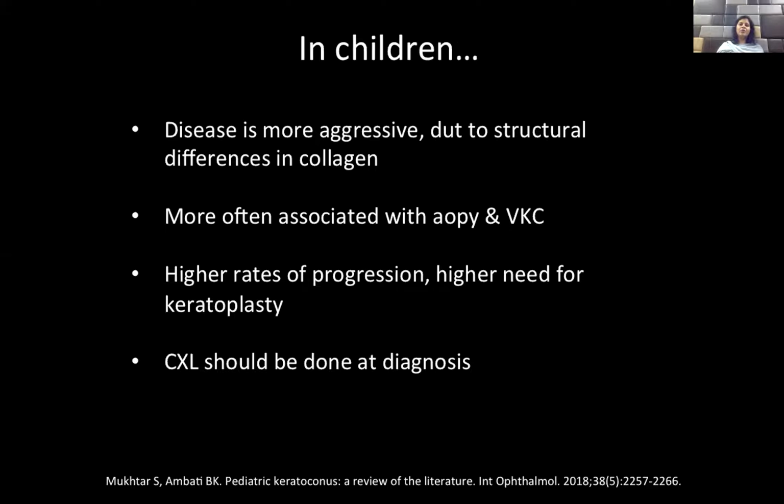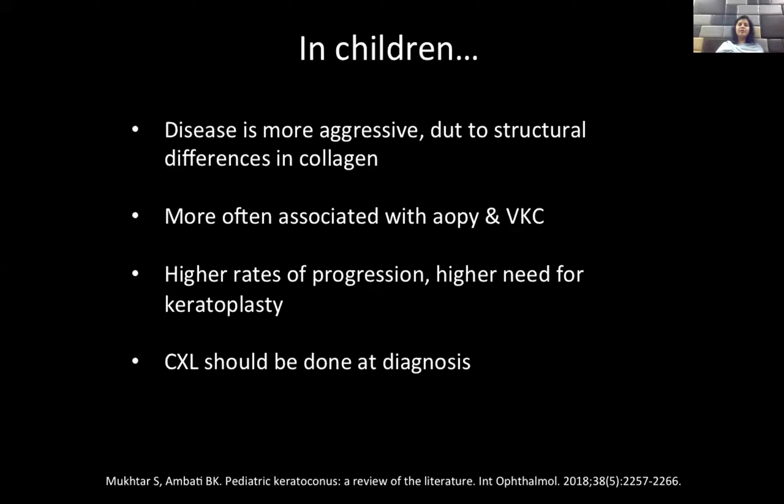So if you have a keratoconus which is detected at say 20, 21, as the age increases, the collagen itself gets cross-linked, and the chances of keratoconus may become stable. But in children, that'll take time, and often they are associated with a lot of eye rubbing, itching, like atopy, VKC. Children are known to have higher rates of progression. They have higher rates of keratoplasty.